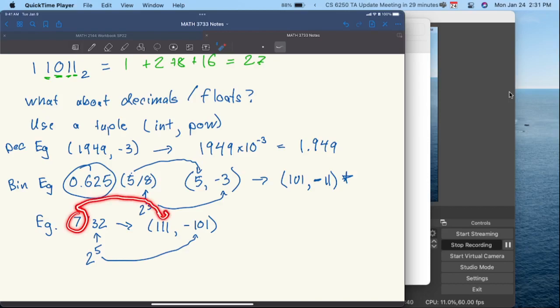So this is 7 in binary. And then 32 is our fraction. So to get 32, I'm just going to go ahead and use the exponent because it is a decimal number I'm looking at. So this is how a computer could represent this decimal.